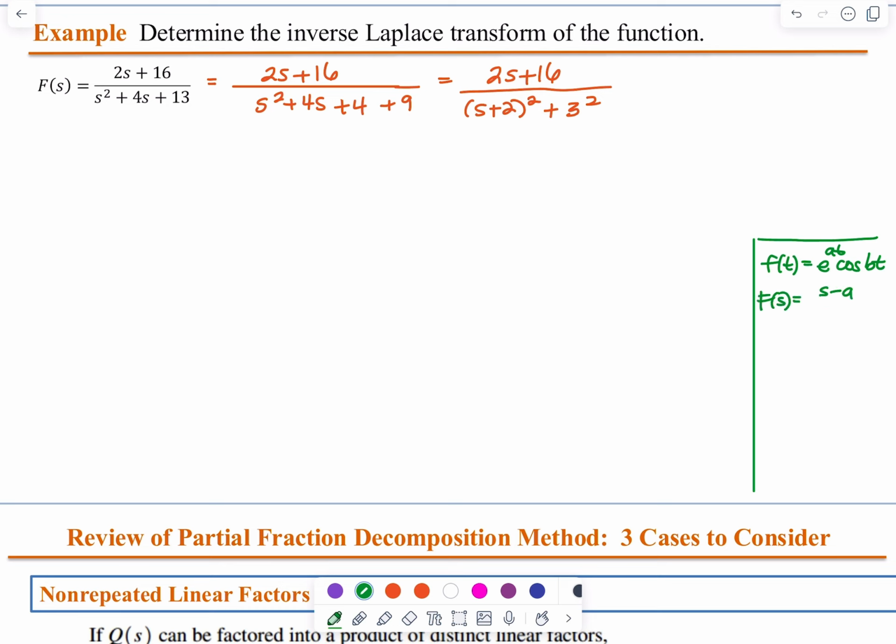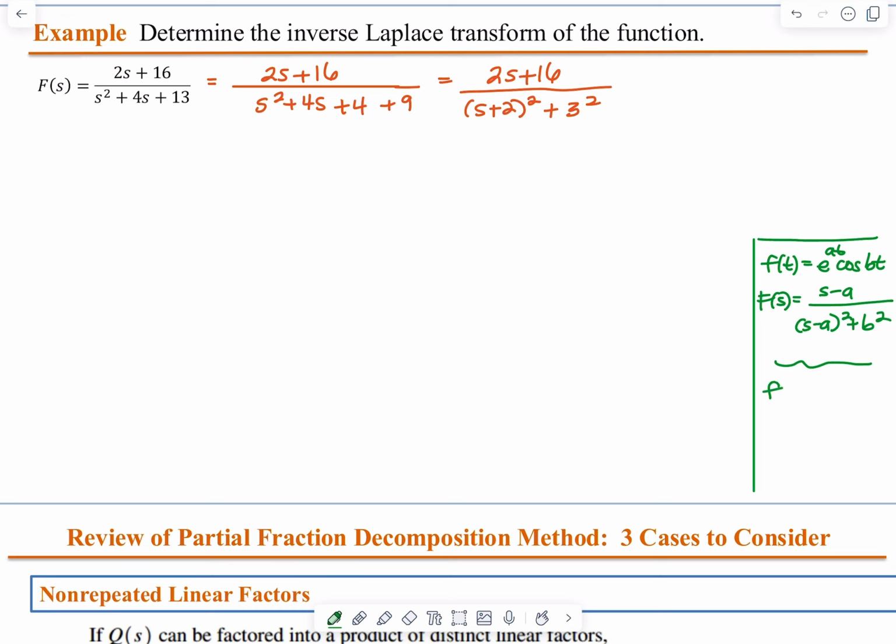We have that difference in the numerator, and we need that difference here in the s minus a spot. So that'd be (s minus a) squared plus b squared. Now we're also going to have just a constant in the numerator, because we probably aren't going to be able to just get a difference there.